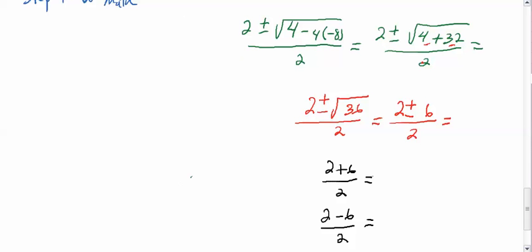So we have 6 plus 2 is 8, over 2, which is 4, and then keep, change, change, and we have negative 4 over 2, which is negative 2. And here are our x values right here: positive 4, negative 2.